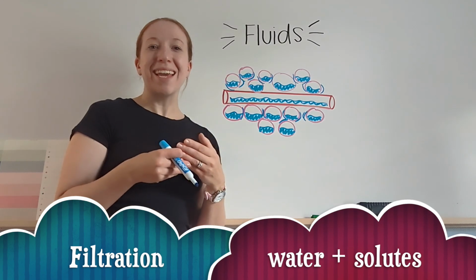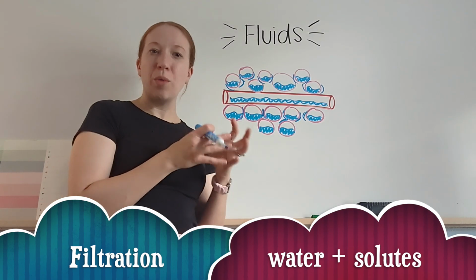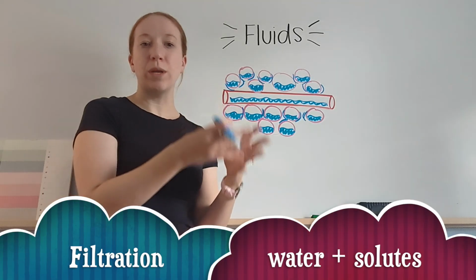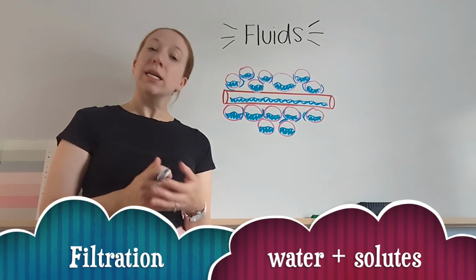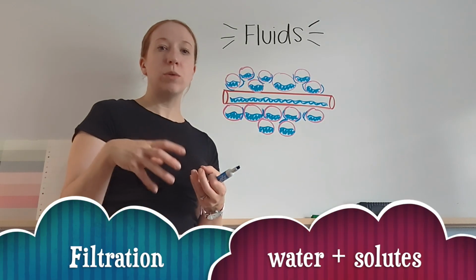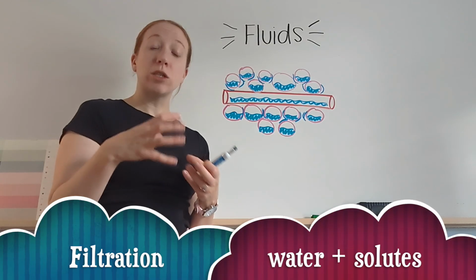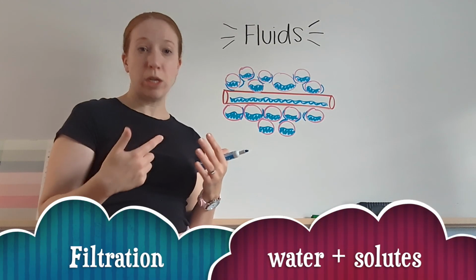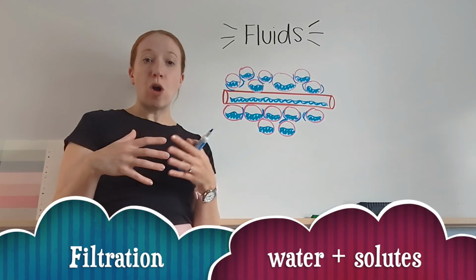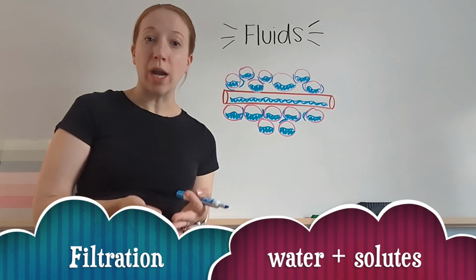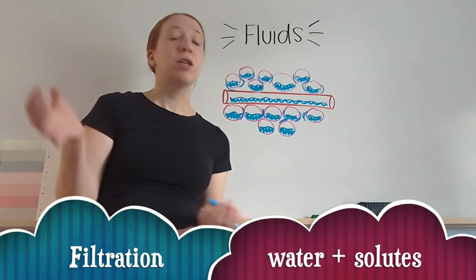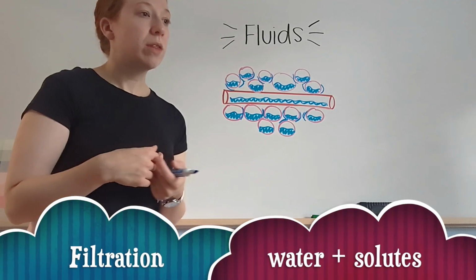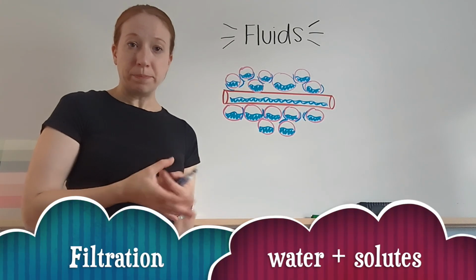Solutes are things like electrolytes that tend to go within the fluid and they move as one piece. Picture it as if you shake some salt into a glass of water. That salt is going to mix with the water and dissolve until it's almost one unit. That salt is then a solute in the water, and if you pour the water, the salt's going with it. So that's what we talk about with filtration.